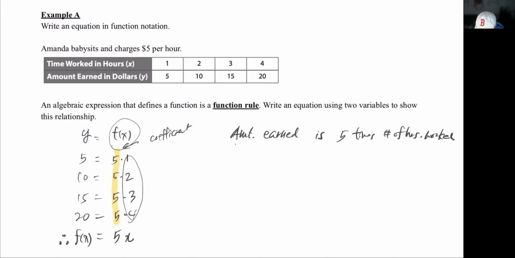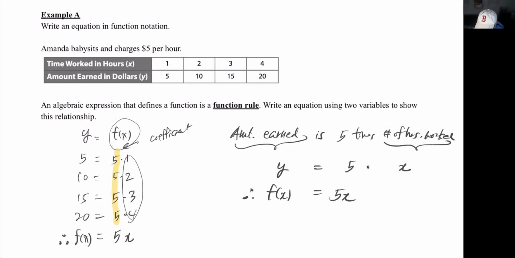The amount earned is the y-axis, which we're going to write as a function f of x. The word is equal to, and it's 5 times, and what are we going to call that? That's what we're going to call x, the input value, right? Now, you may use n as the number of hours or h, hours worked, but x is fine too. Whatever you choose to use, that's the x. So we end up with 5x.